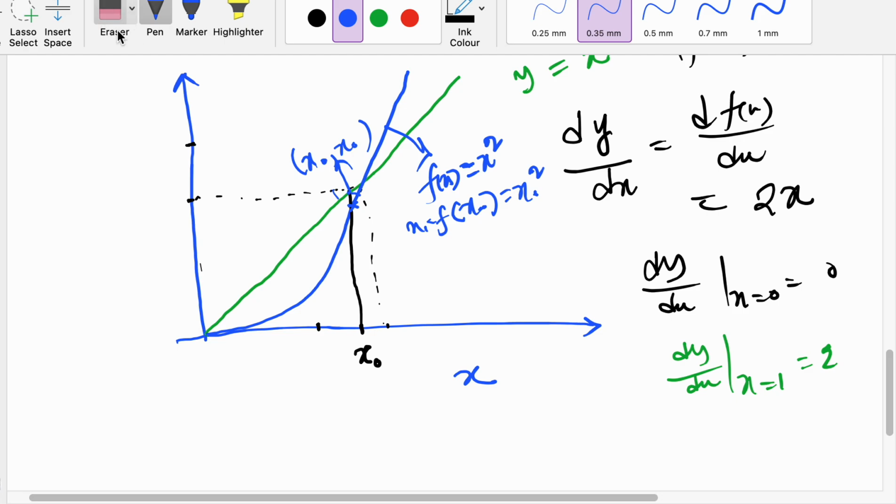Maybe I haven't drawn it properly, so let me draw it again, it will be clearer.